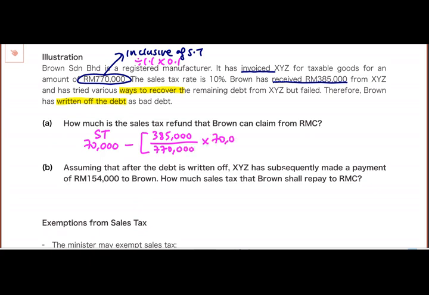That is the proportion that you have received. So you multiply onto the 70,000 sales tax. So 385 over 770. Basically you've got half of the value. So logically you must also have recovered half of the sales tax. So you can ask for the refund of the other half.